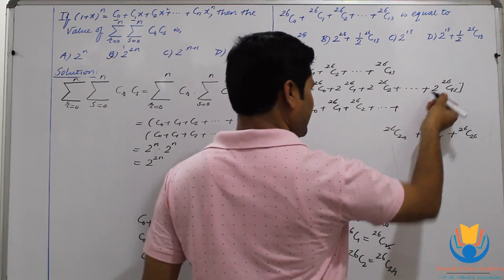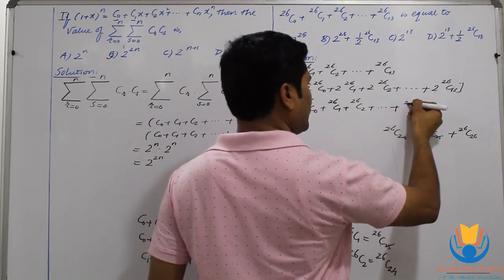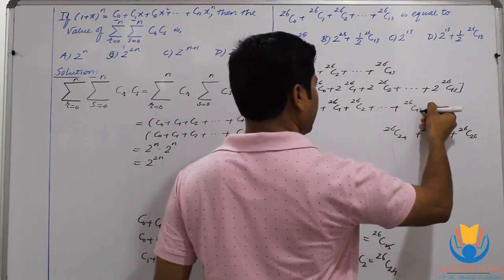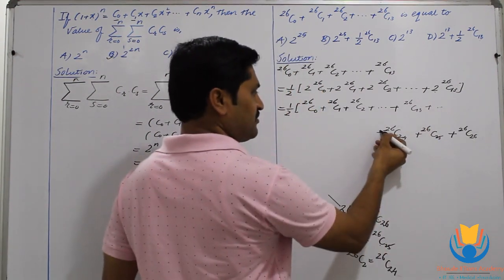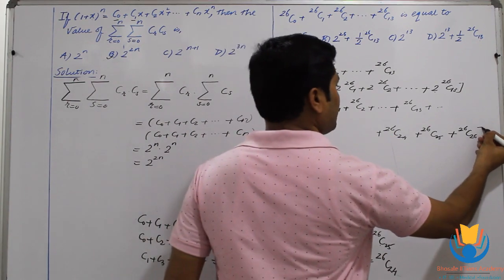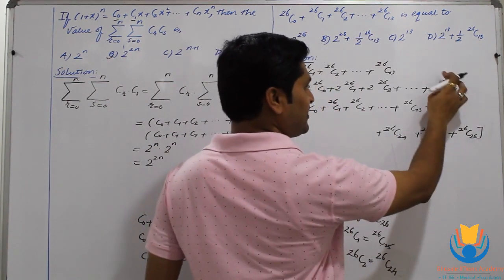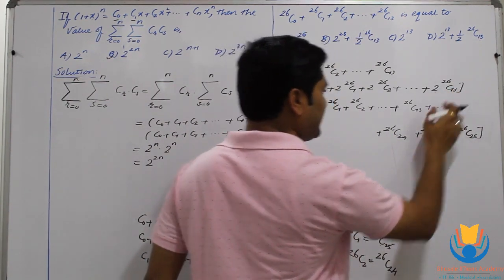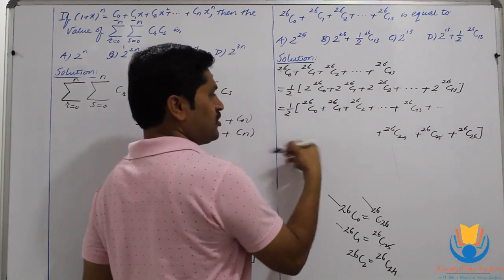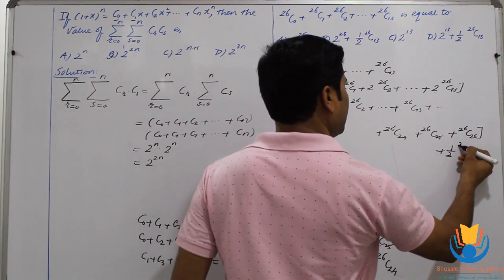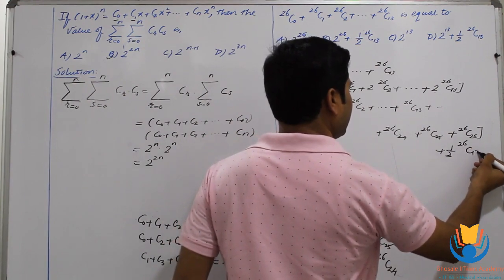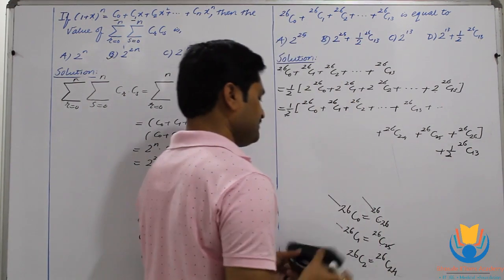This is present twice, so we write 26C13 here, and we complete this bracket, taking the remaining 26C13 out of the bracket, so that it stays with the half. I don't require that half of 26C13 in this sum.